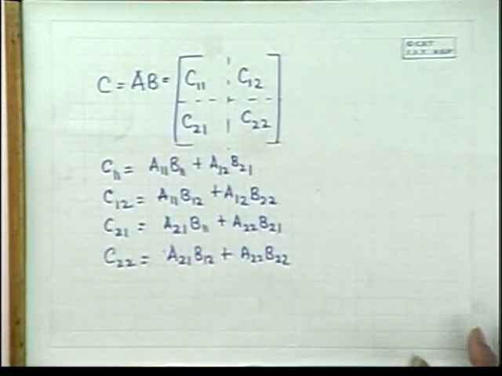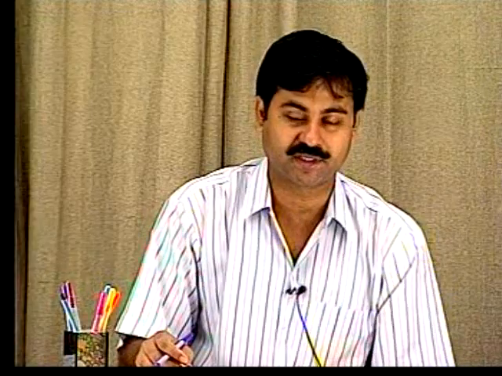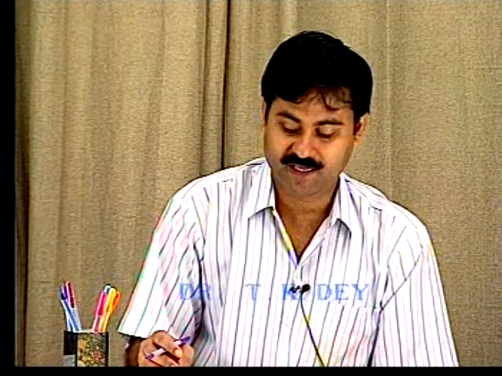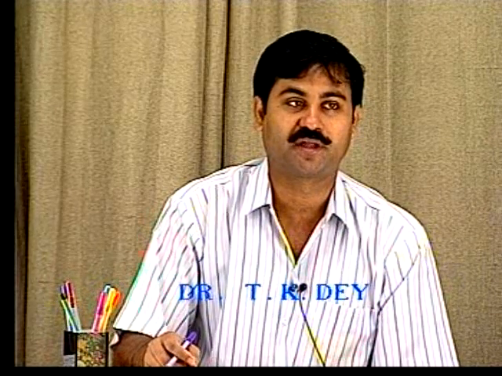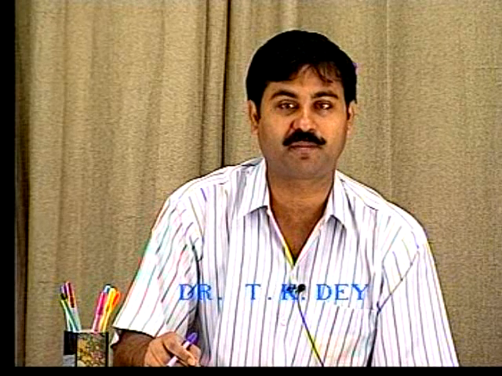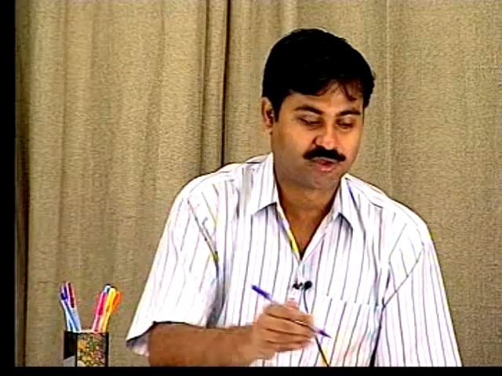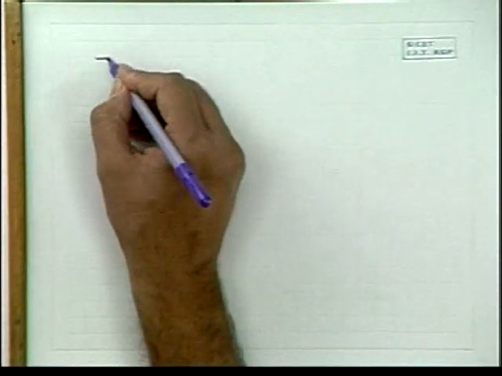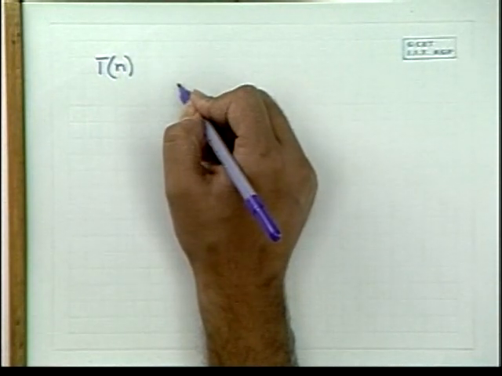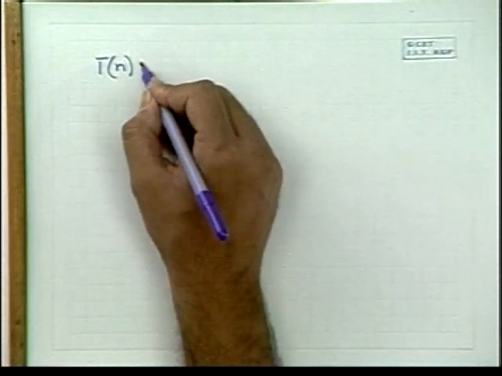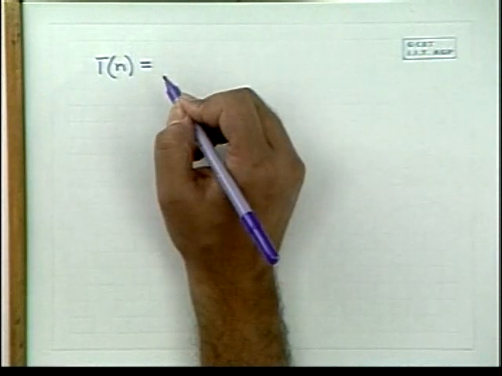Now suppose we use this algorithm to compute the elements of the matrices. In that case, let us write down the recurrence relation for all the operations we are doing. The number of operations we are doing is nothing but the number of multiplications and the number of additions. So, if Tn is the time to multiply two matrices of dimension n by n, how many multiplications are we doing here?